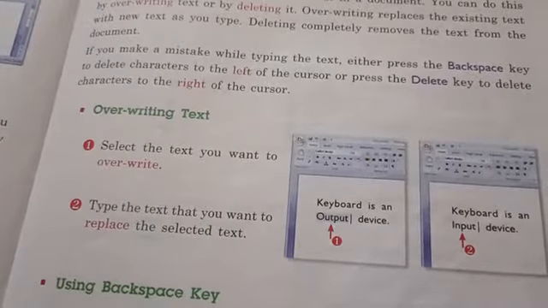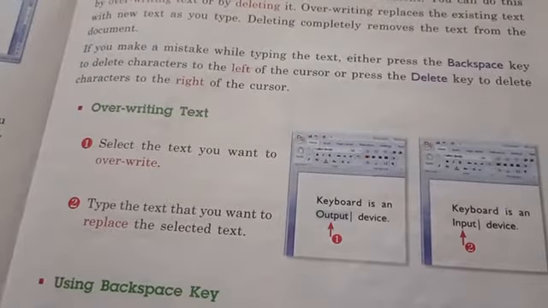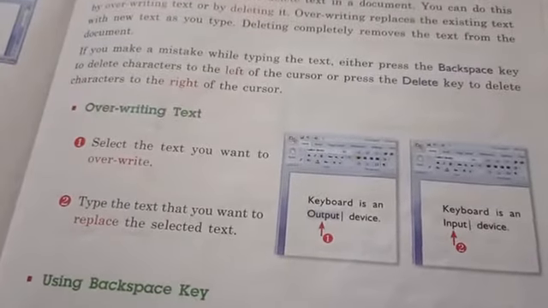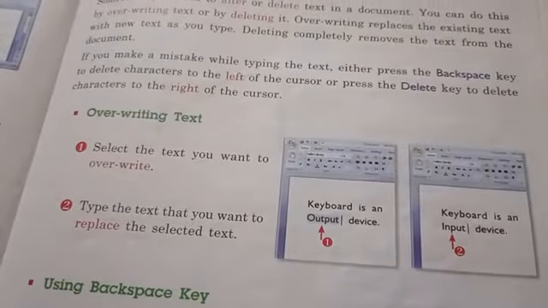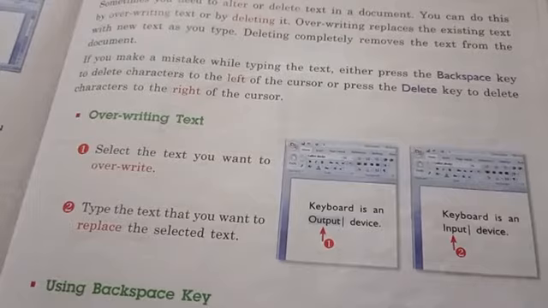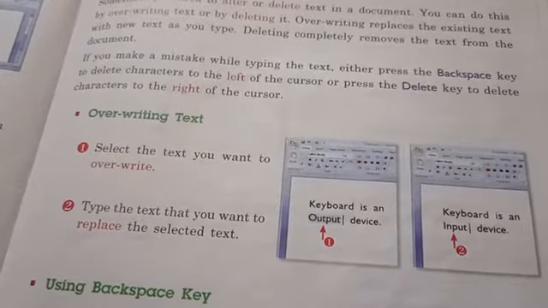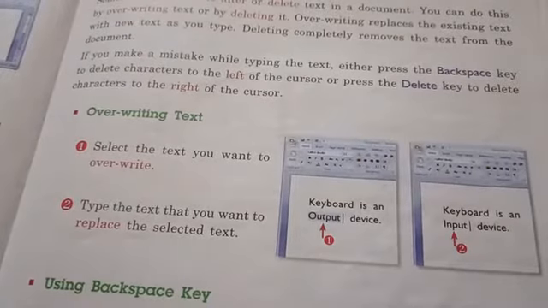You can alter or delete text from the document by using the delete key or backspace key, and you can also change your text by overwriting, without erasing or deleting something.